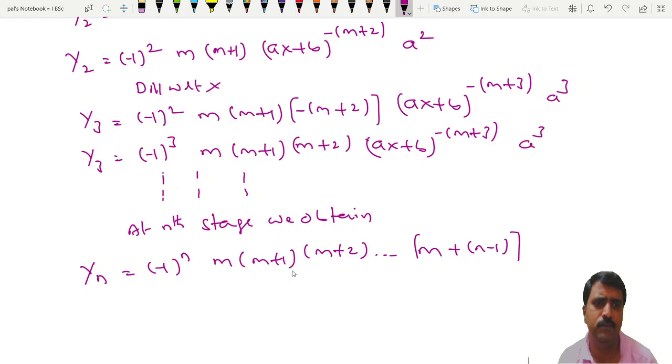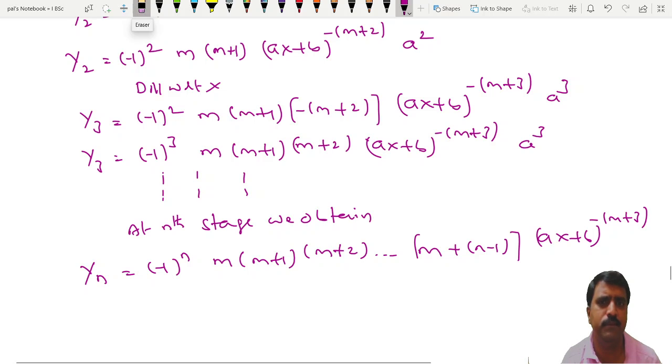This into ax plus b to the power minus of m plus 3 into a. You see here m plus 3 comes, that is, when y3 is there, m plus 3 comes. So like that, when yn is there, m plus n should come for us. So it should be m plus n.